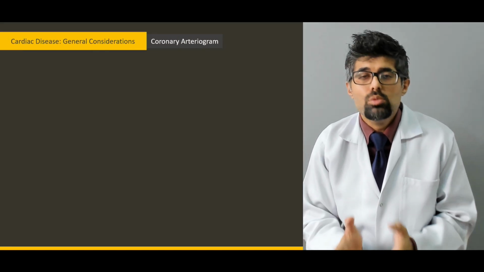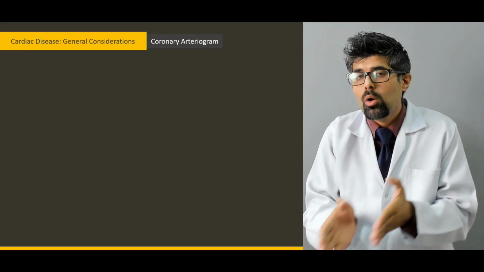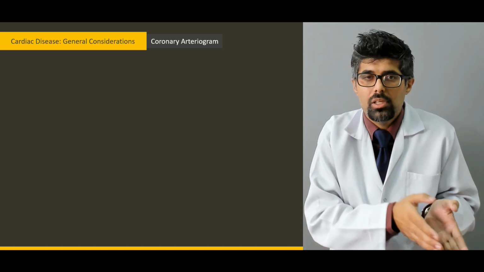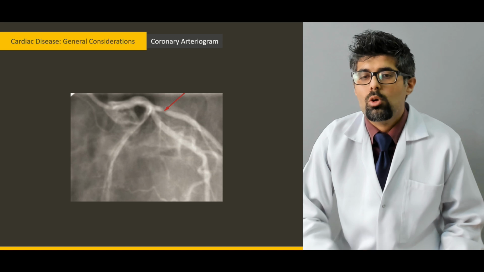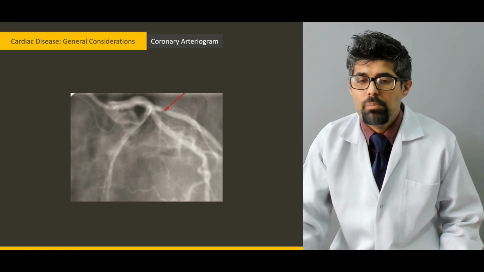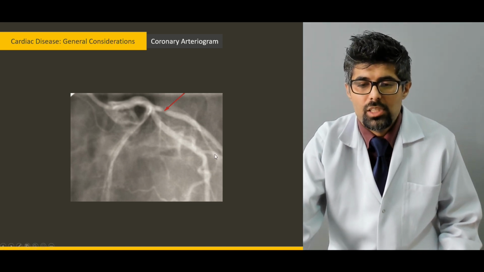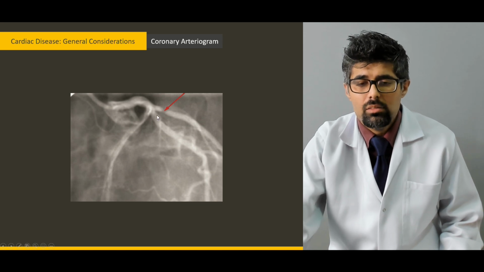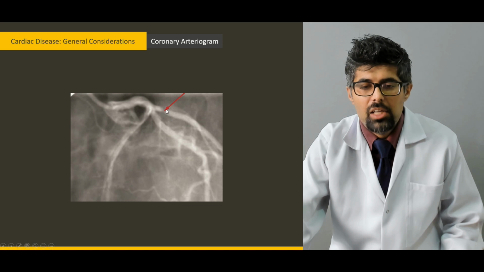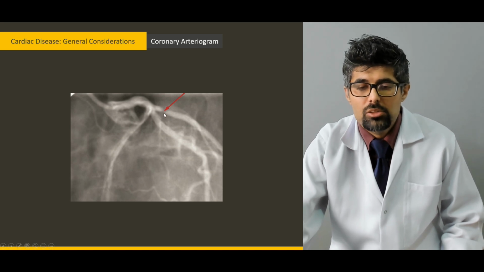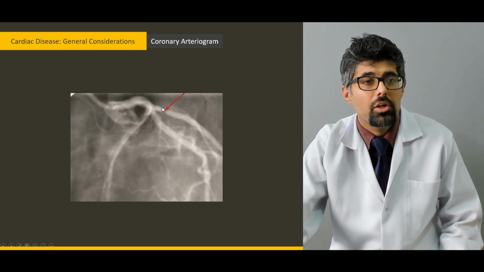The next two slides show how it can be done. This is the coronary arteriogram of the same patient. This is the left descending, this is the RCA, and this is the circumflex. And this was that severe stenosis that we saw earlier.